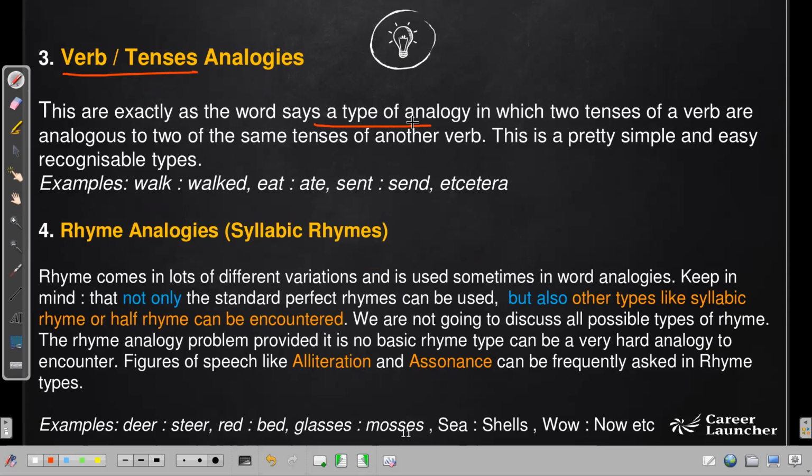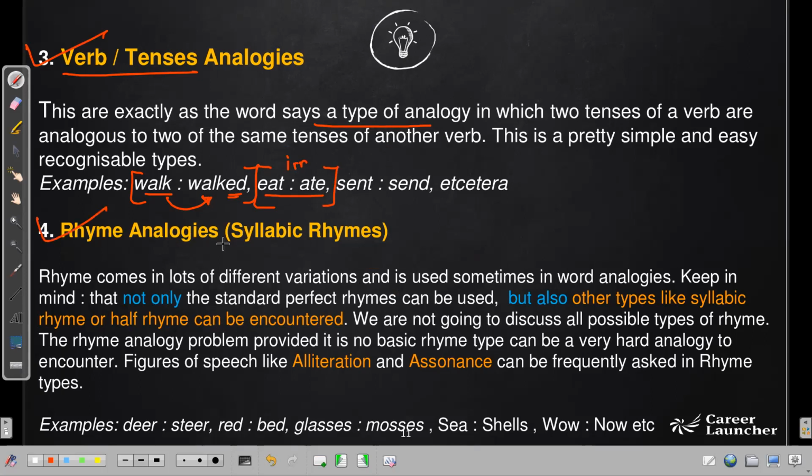So rest assured if you find it complex to understand what an irregular verb is. Here I've taken a very simple one, like walk and walked. It's a regular verb, and we create the past tense by adding ed, while in an irregular verb we do not. So it's an irregular verb, the same as eat and ate. Similarly, send and sent, etc. So verbs and tenses, regular and irregular verbs, they can give.